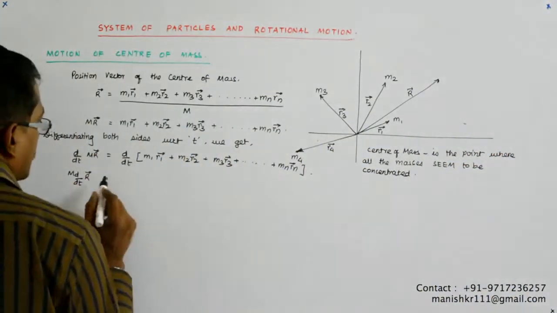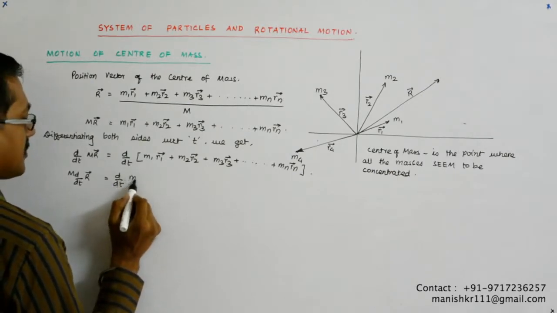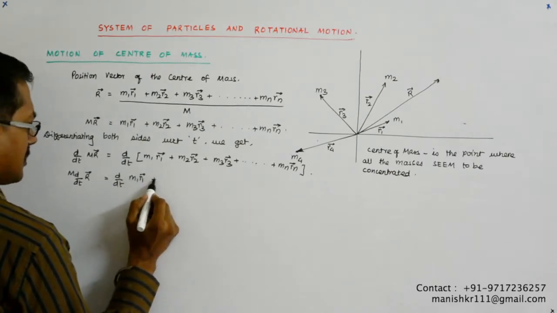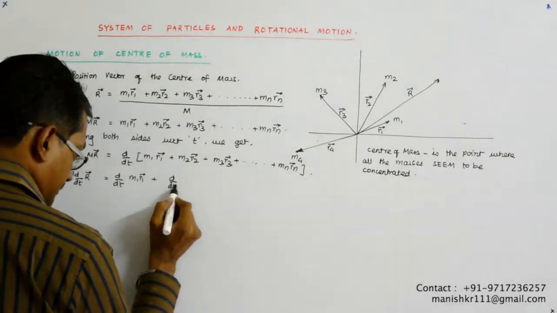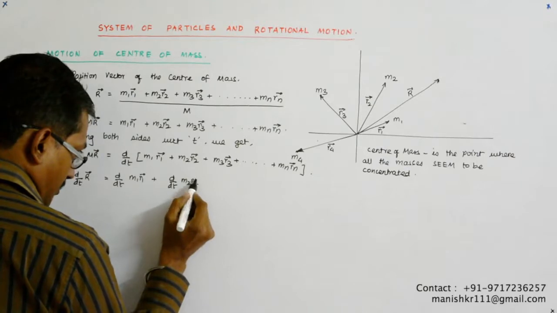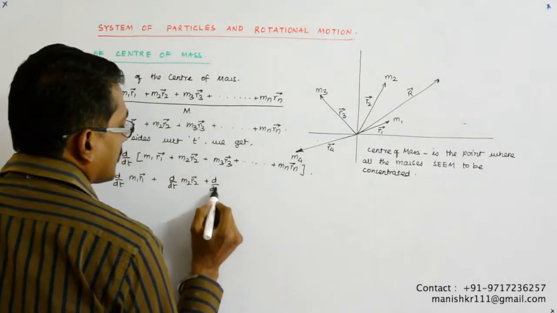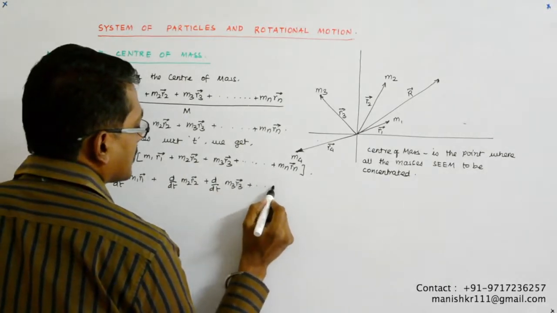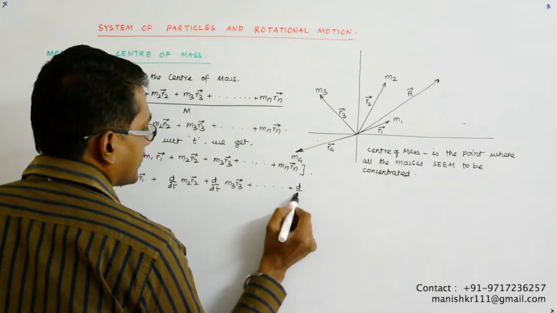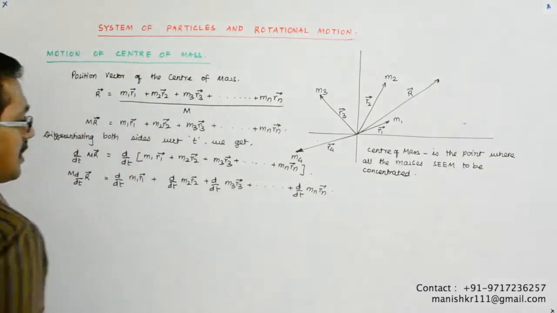So this is equal to d/dt of m1 r1 plus d/dt of m2 r2 plus d/dt of m3 r3 plus d/dt of mn rn.